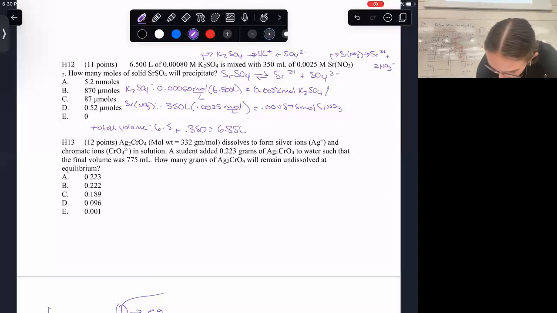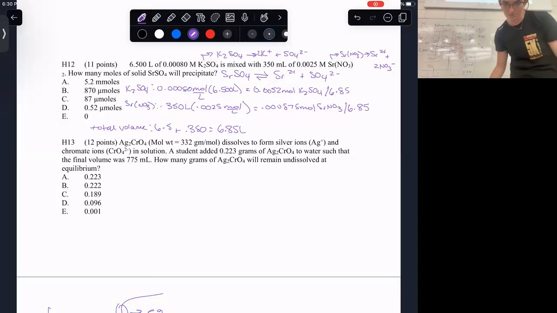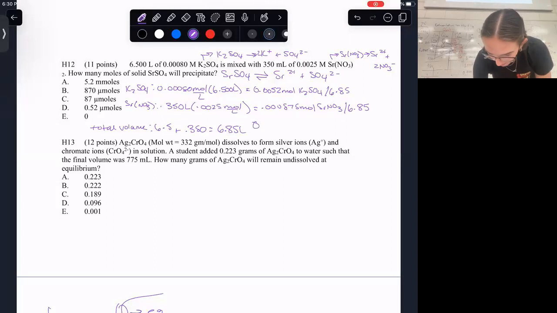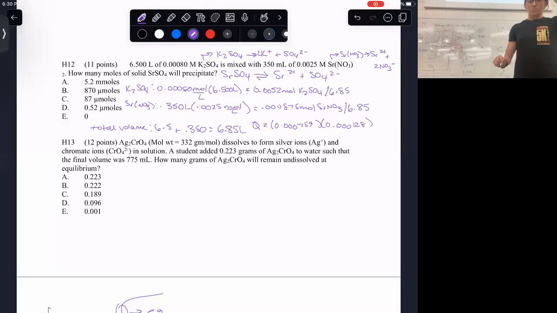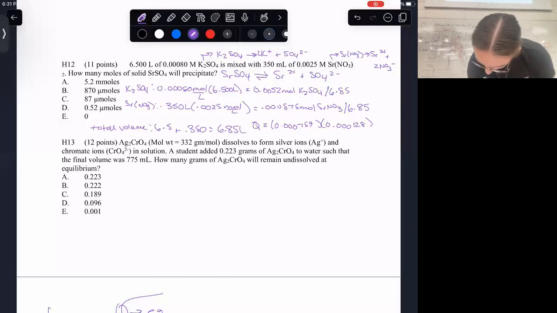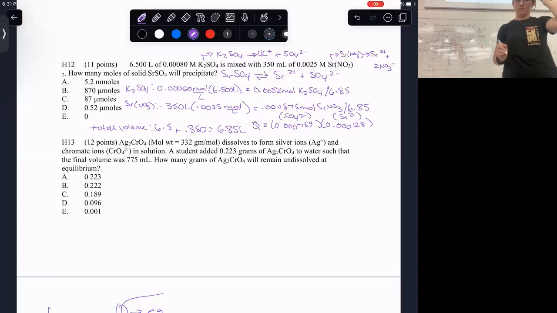So you divide each by 6.85 and plug that into Q. That's 0.123759 times 0.123128, your sulfate ion and your strontium ion, and we get that Q is equal to 9.7 times 10 to the -8.